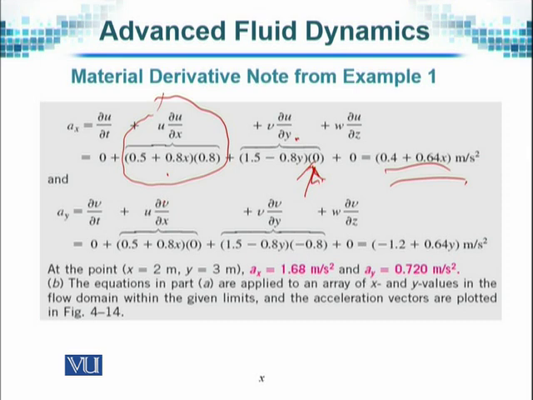In u dv by dx, since there is no x in the v component, the partial derivative dv by dx will be 0, and the whole term reduces to 0. The only non-zero term in this case is coming from here. We substitute the relevant values and this is what we obtain.